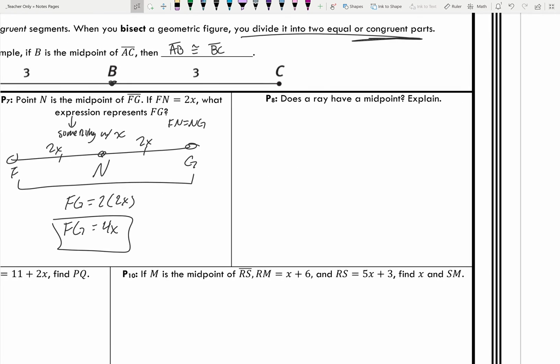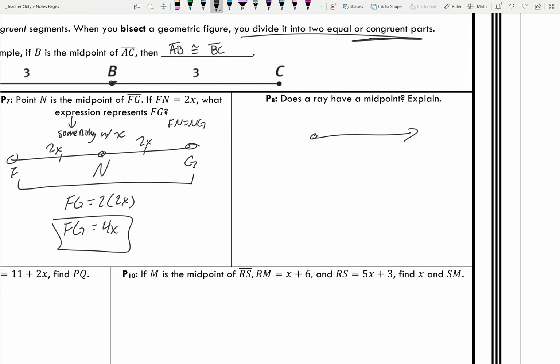Number 8. Does a ray have a midpoint? No. And explain. I'm not going to write this all down, so we'll just listen, and you can write this down in your notes. A ray does not have a midpoint because we know it goes on and on forever. And since you cannot split something that has an infinite length into two equal parts, because you cannot split infinity into two, right?